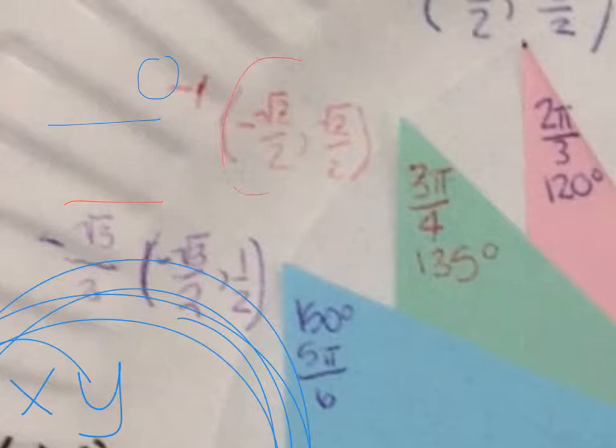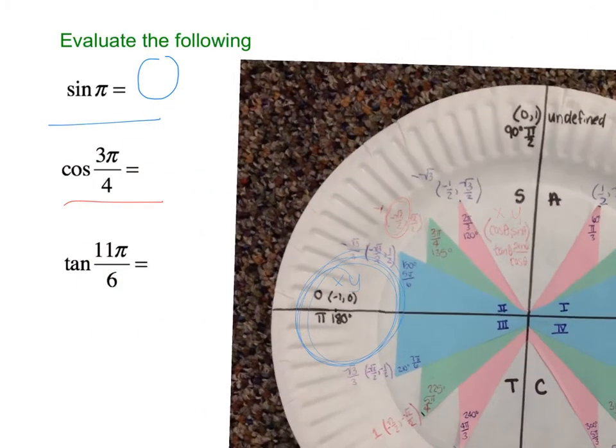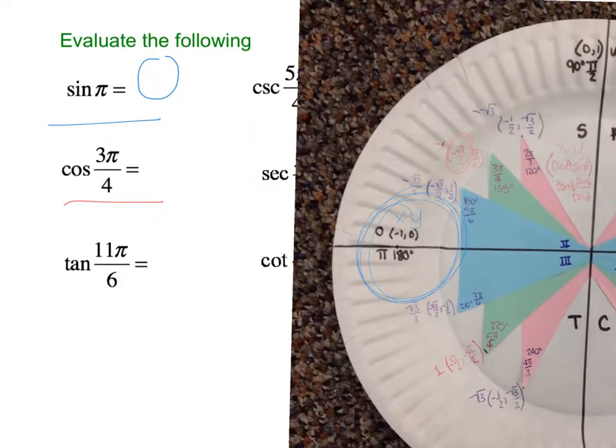That's right here: negative square root of 2 over 2. So when I go to write cosine of 3 pi over 4, I'll say negative square root of 2 over 2. And then the last one we have here is the tangent of 11 pi over 6.